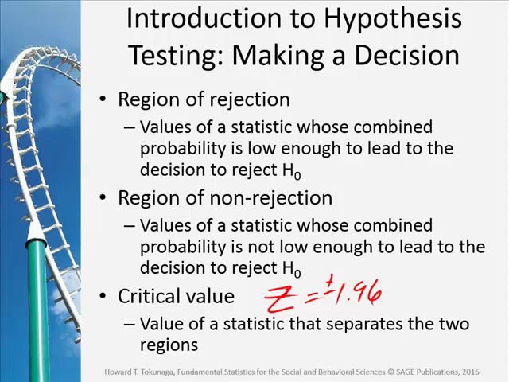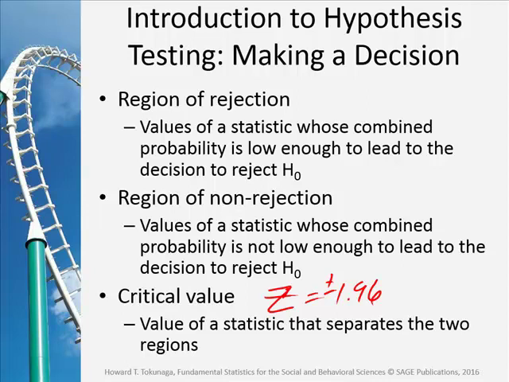It's the value that separates the 2 regions. What 2 regions? Well, you have a region of rejection. The region where the combined value of the probability makes up the ability to reject the null.